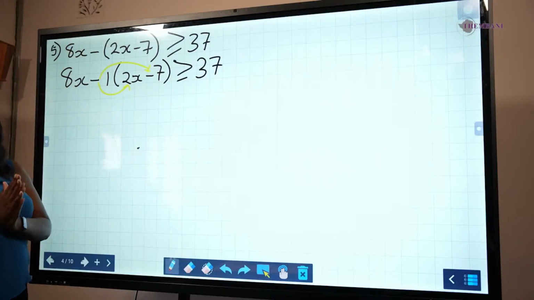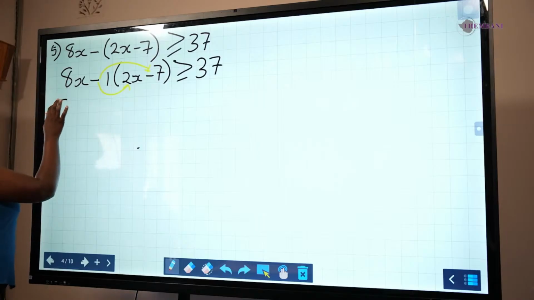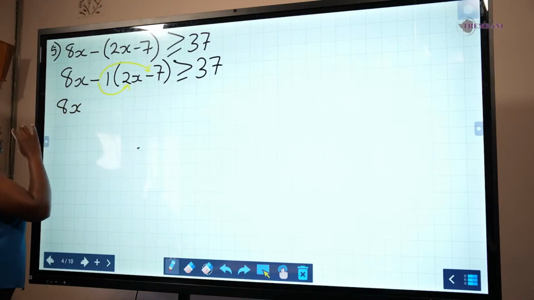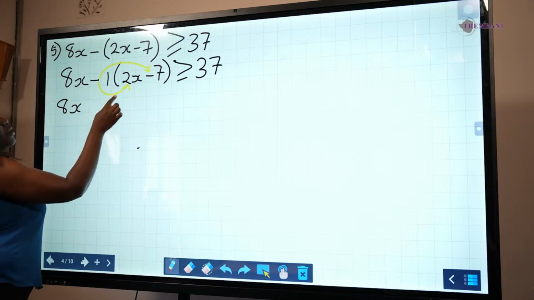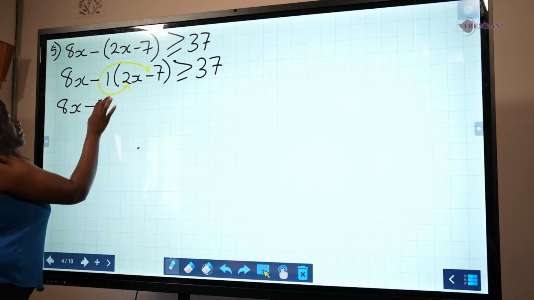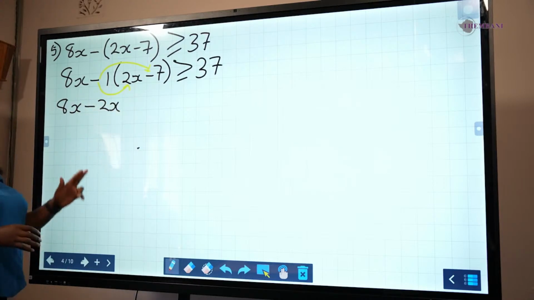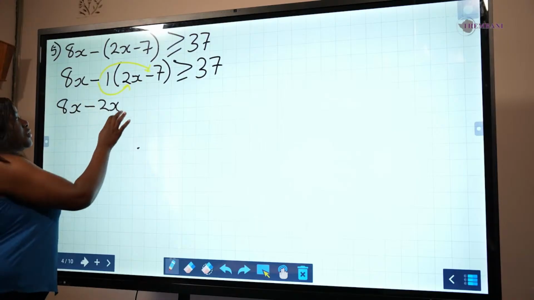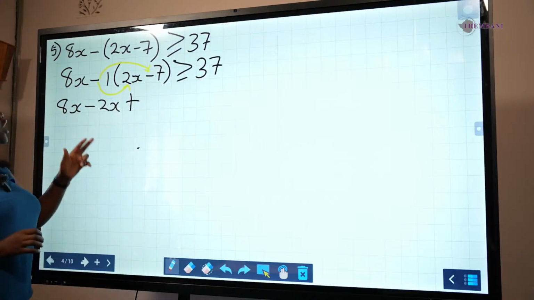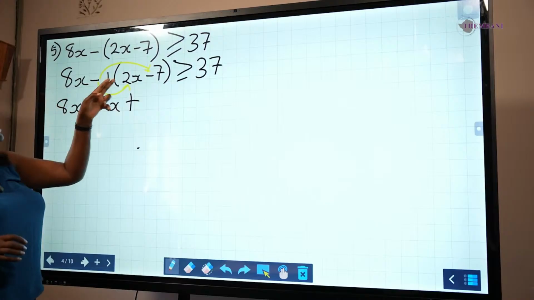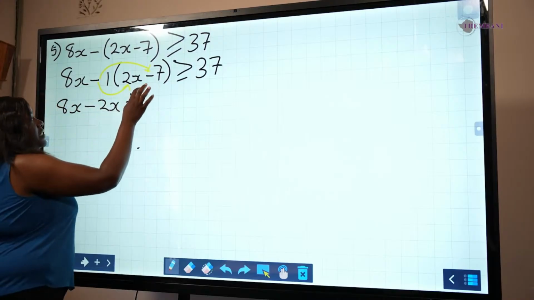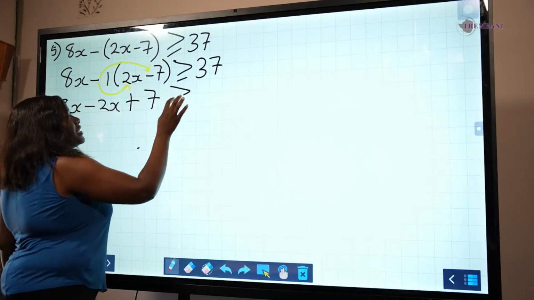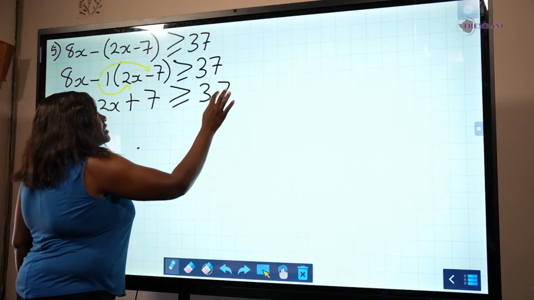So the 8 remains like that. So we have our 8x, and then we are saying -1 multiplied by 2 will give us a -2x, and then a negative multiplied by a negative is going to give us a positive. So -1 multiplied by -7 is going to give us a +7, which is greater than or equal to 37.